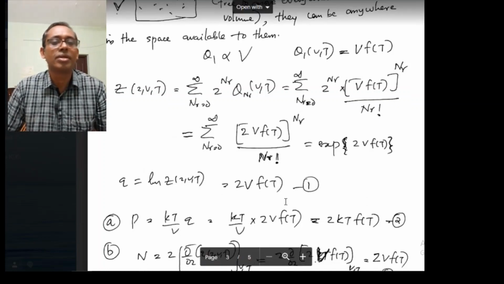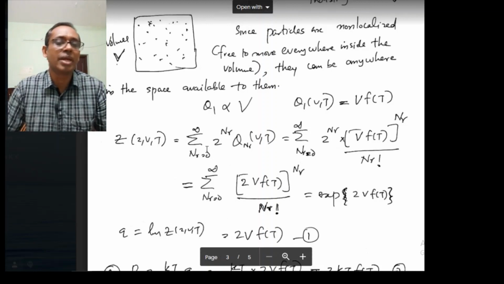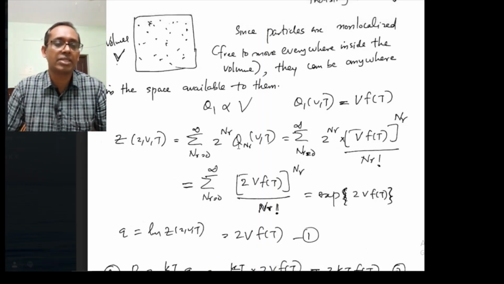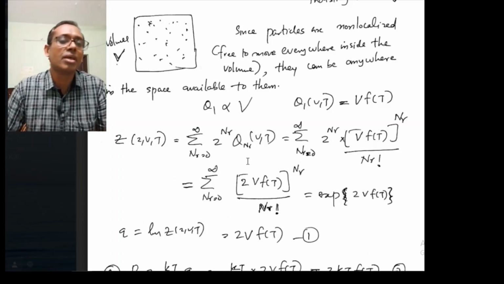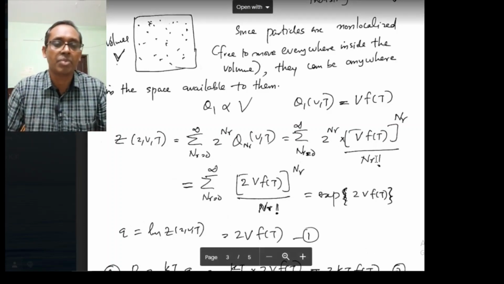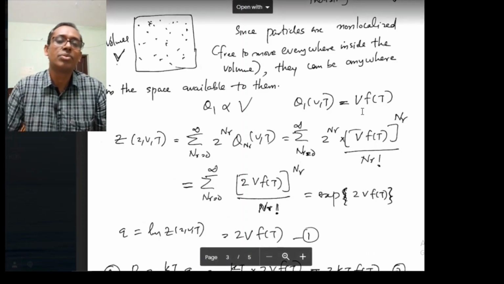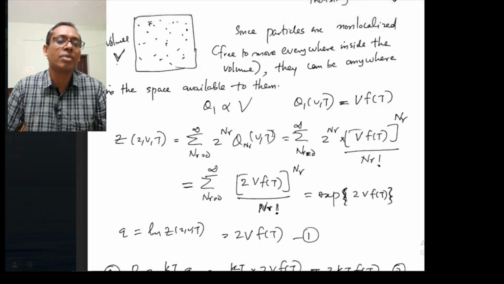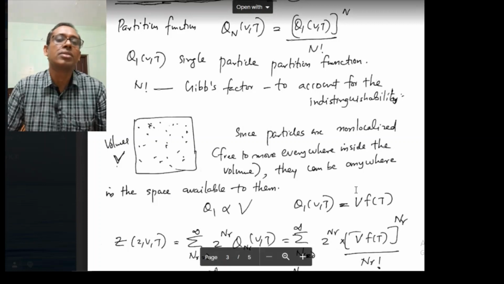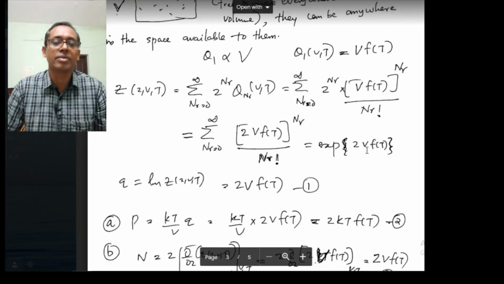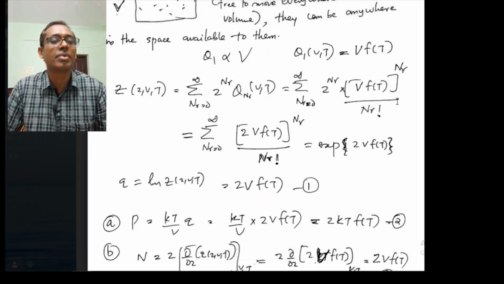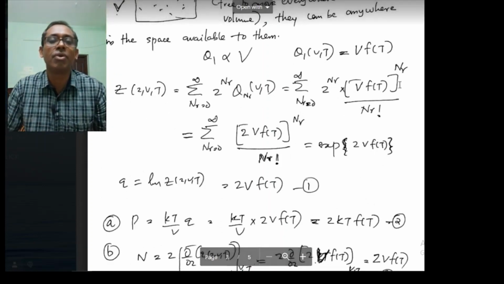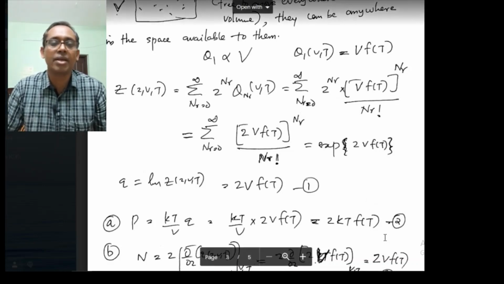So our grand partition function is the sum over N equals 0 to infinity of fugacity z to the power N times Q_N(V,T), where Q_N(V,T) is the partition function of N particles. Q_N is Q1 to the power N over N factorial, that is V f(T) to the power N over N factorial.